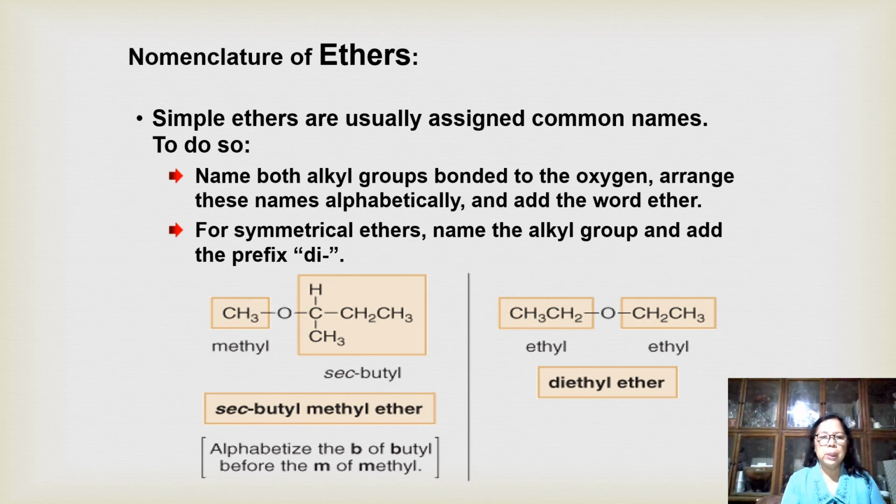B comes first before methyl or M. So you have the butyl, methyl, ether. And then you write secondary if the butyl is the second R. Okay? And then this is diethyl. Very easy. That is ethyl, diethyl ether.